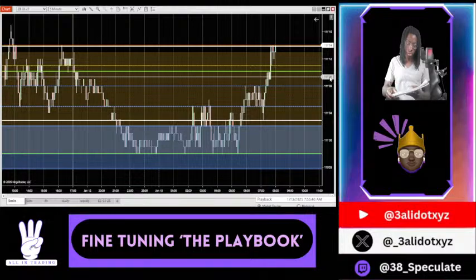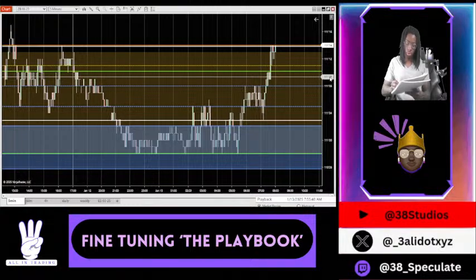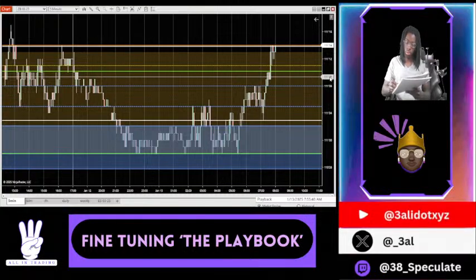Other confluences. Asia low, overnight low, plus the 4 hour, plus the 60 minute, plus the 5 minute level.